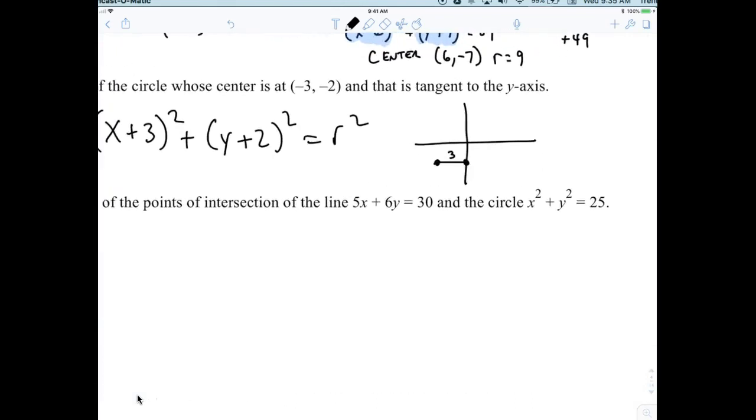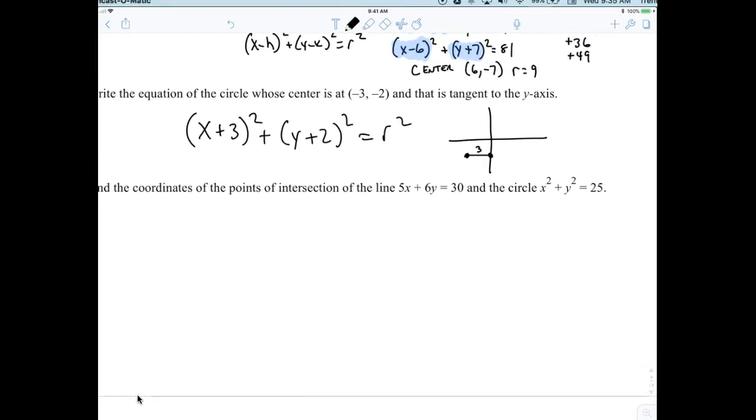Okay. So they want the equation of the circle whose center is at -3, -2. So you should be able to quickly tell me this is half of the problem, which isn't a problem. Do you agree or not? That was the easy part. We don't know what the radius is. But they say the circle is tangent to the y-axis.